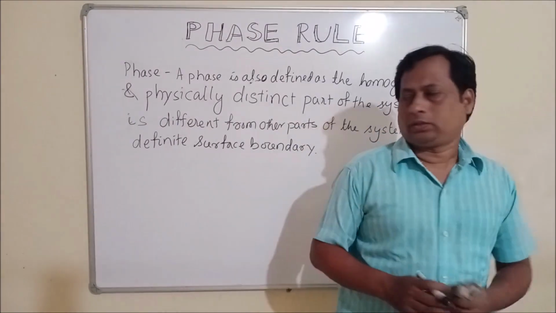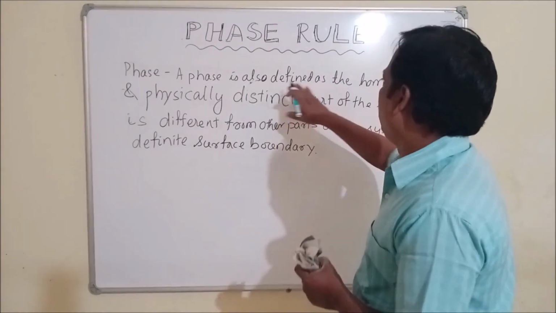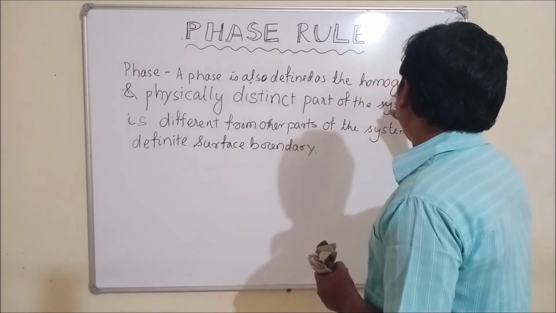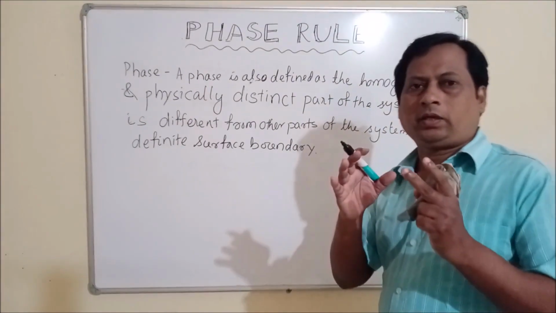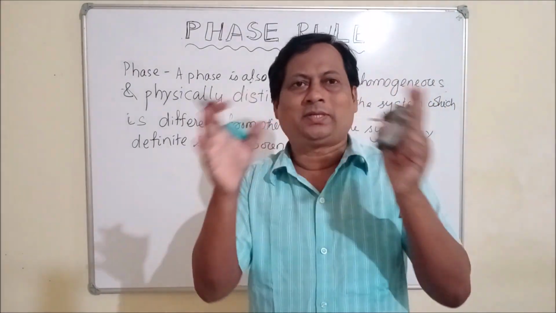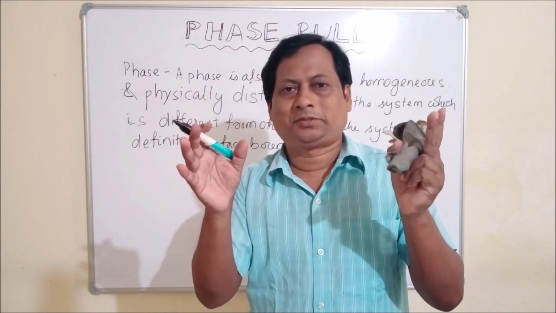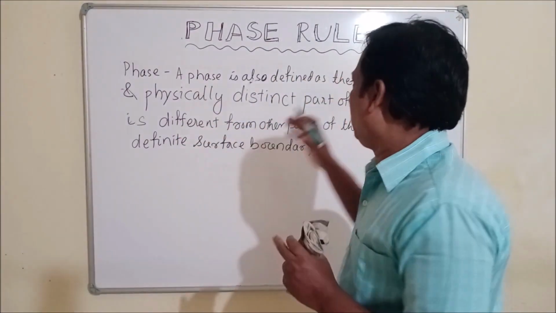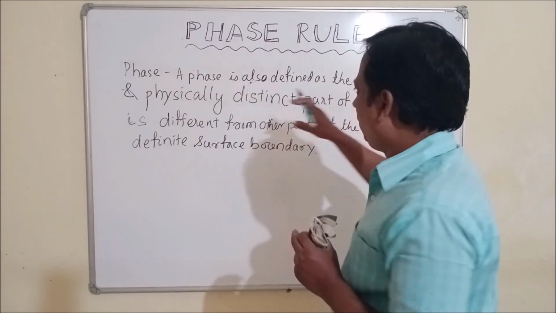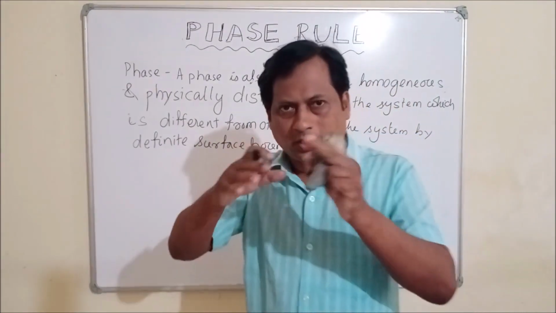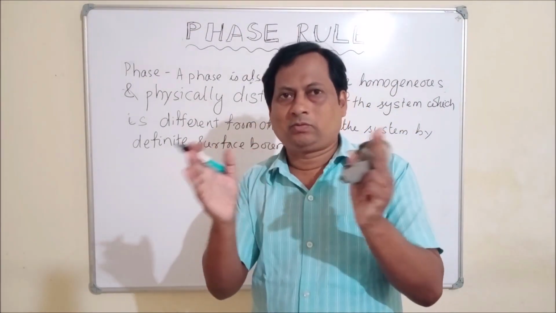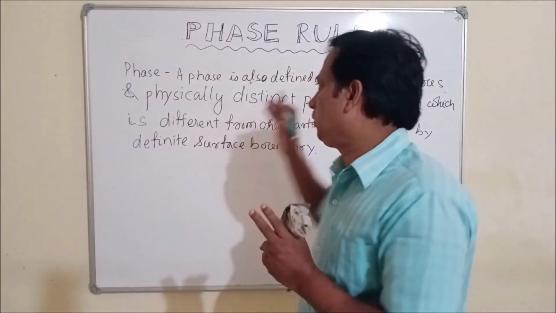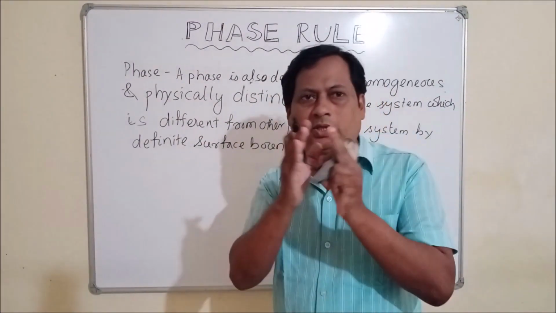So a phase is also defined as homogeneous throughout the system and physically distinct. Homogeneous मतलब पूरा equally mixing हुआ है, ठीक है? So it is homogeneous and physically distinct, पूरा अलग है.